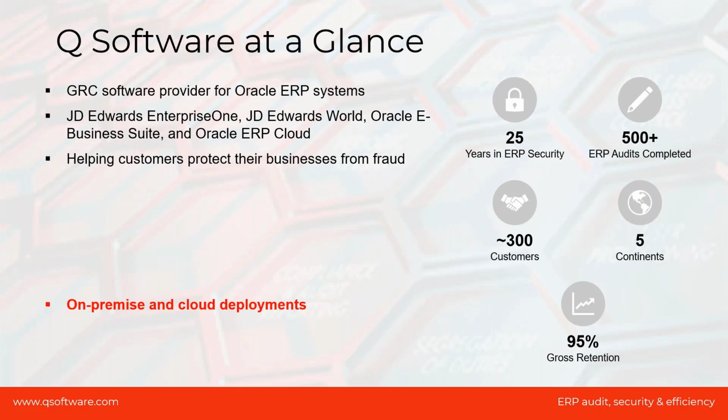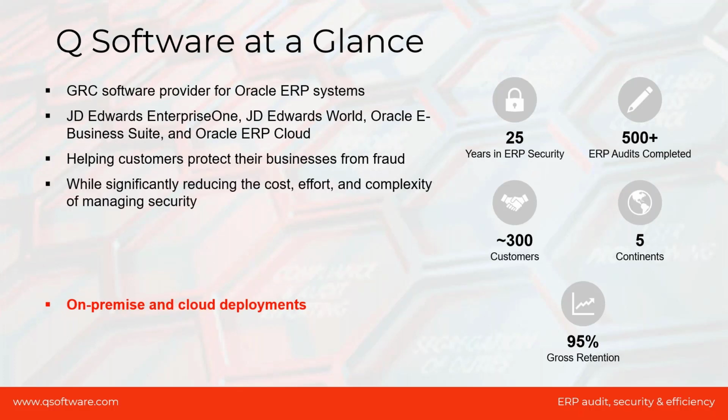Obviously, a big driver for why customers use Q is fraud prevention, but also to reduce the cost and complexity of managing security within all of your ERP systems, which is obviously a key aspect of running your ERP.